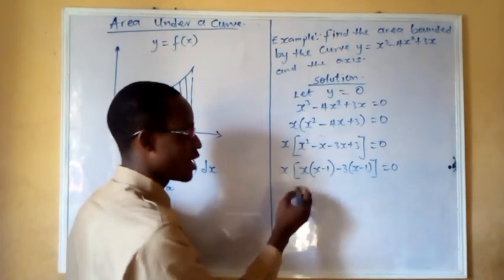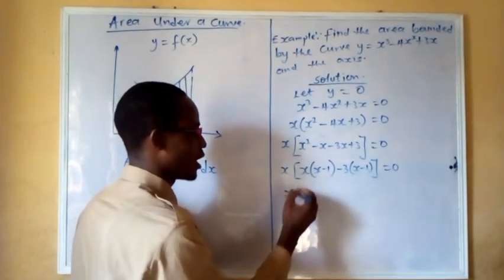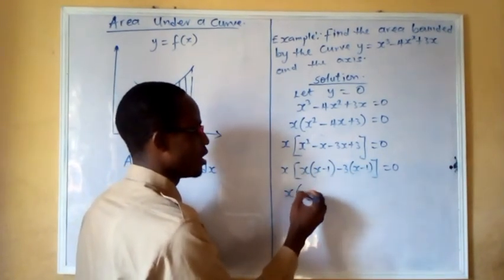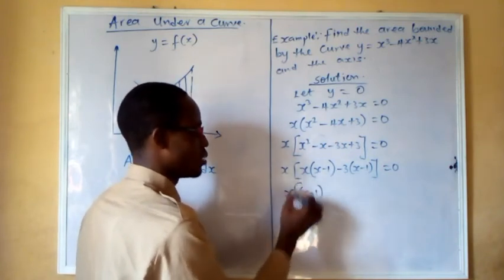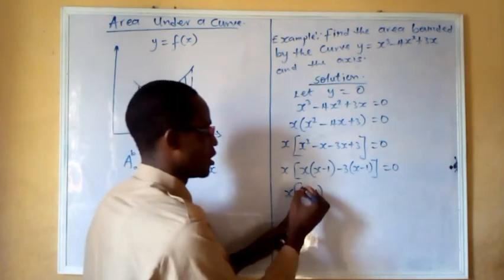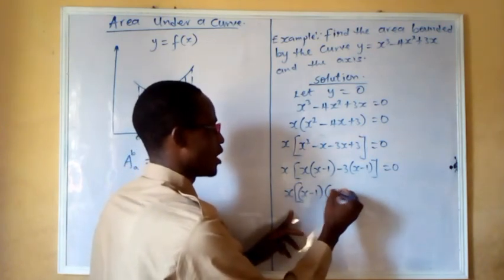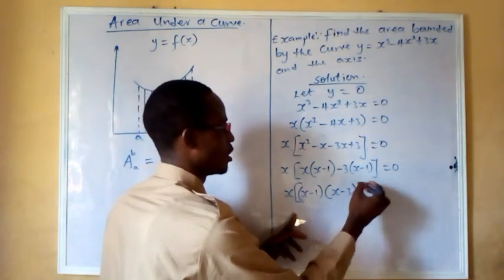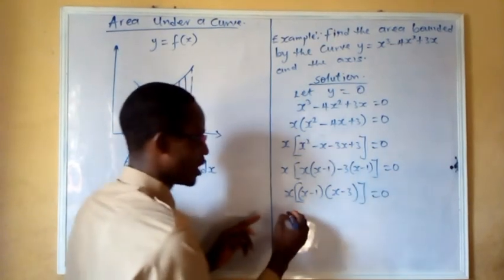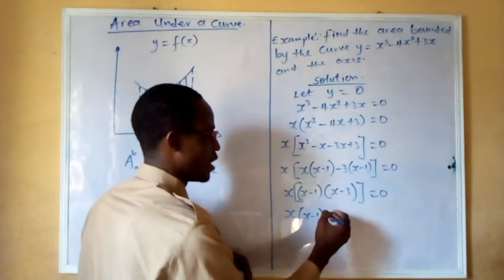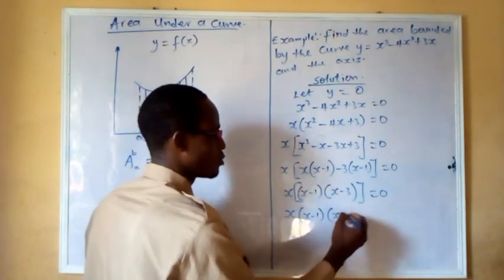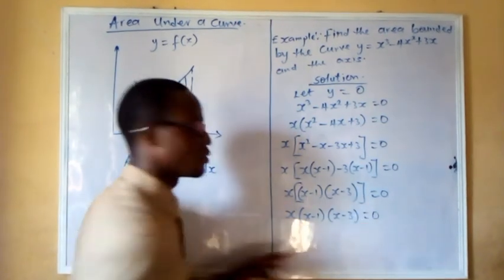So from which I have x into square bracket x minus 1, then x minus 3, all equals 0. Meaning we have x, x minus 1, and x minus 3 all equals 0.